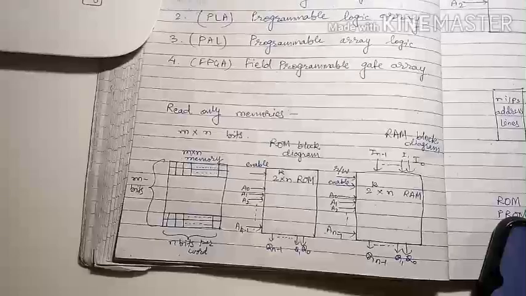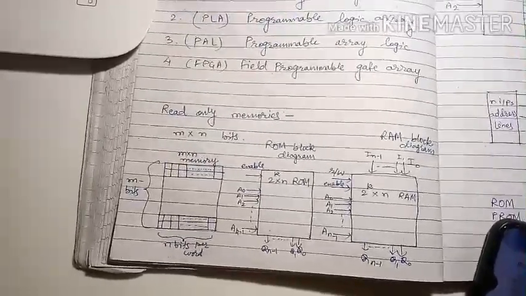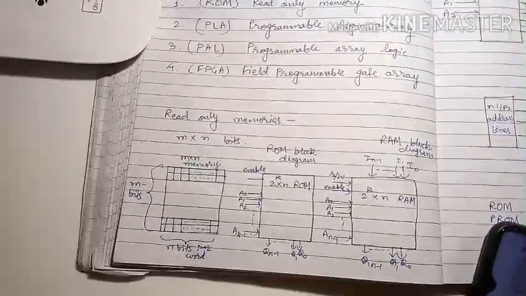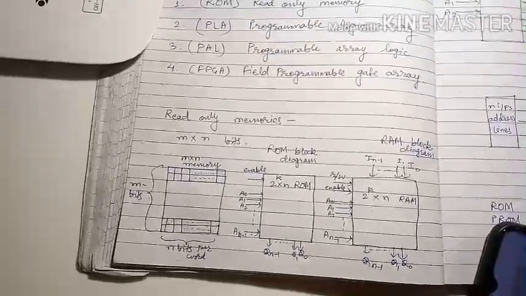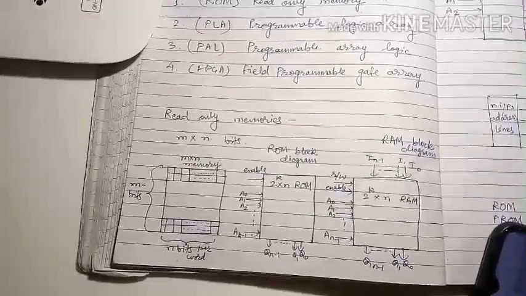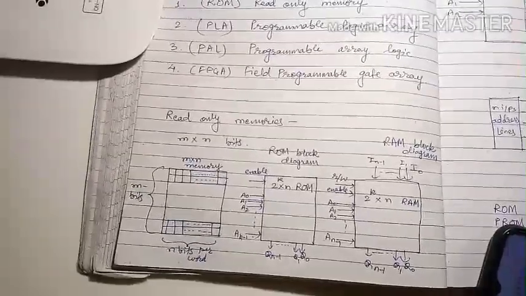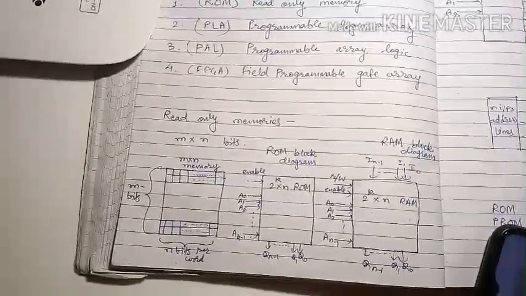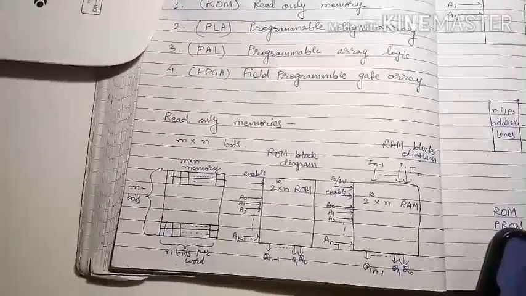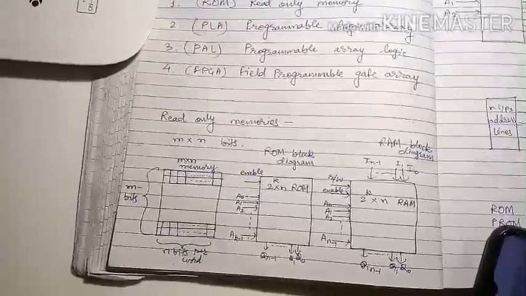It means M number of rows and N number of columns, and a total of N bits can be stored per word. How many words should be there? Total M number of rows is equal to M number of words. The number of rows is the number of words. Each word contains N bits because N columns are there.